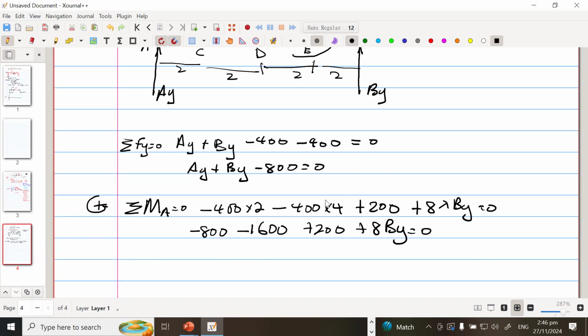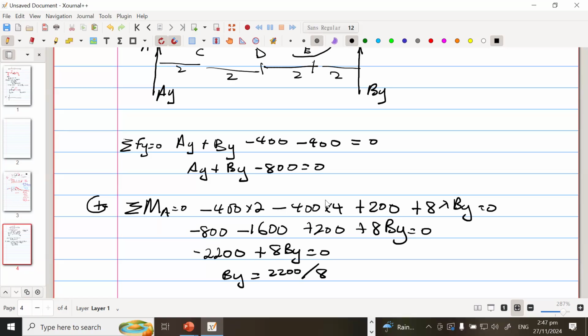That is minus 800 minus 1600 plus 200. I'm getting minus 2200. Am I correct so far? Anybody with me? Yes or no? So from this, I can say BY is equal to 2200 divided by 8. Are you there with me?